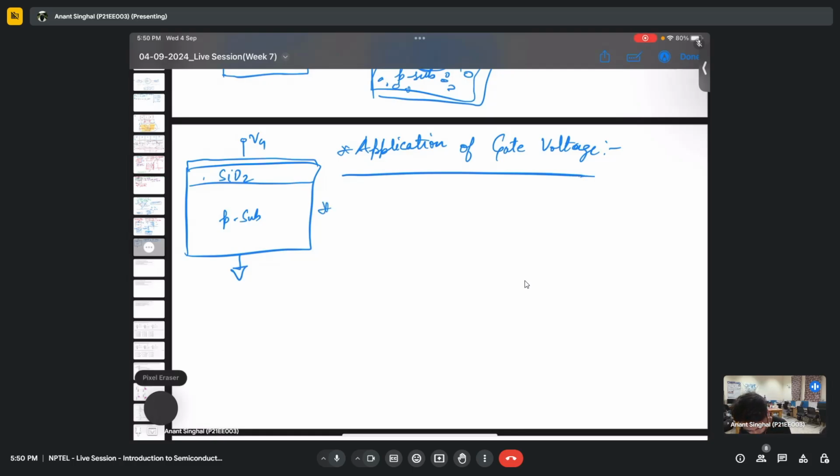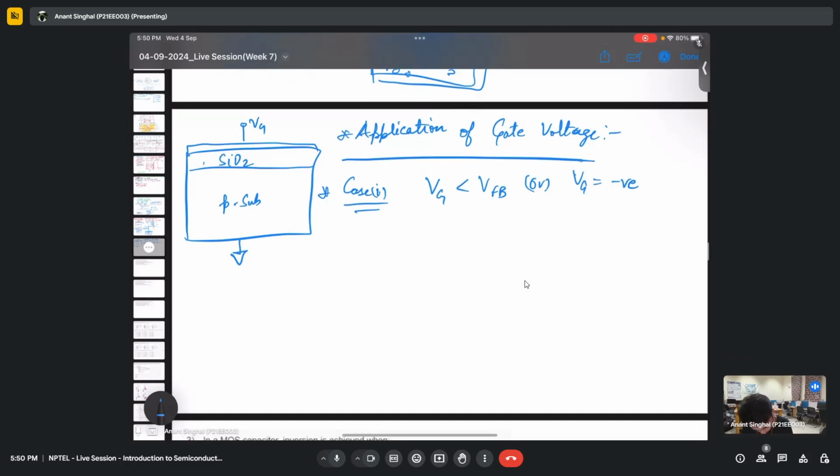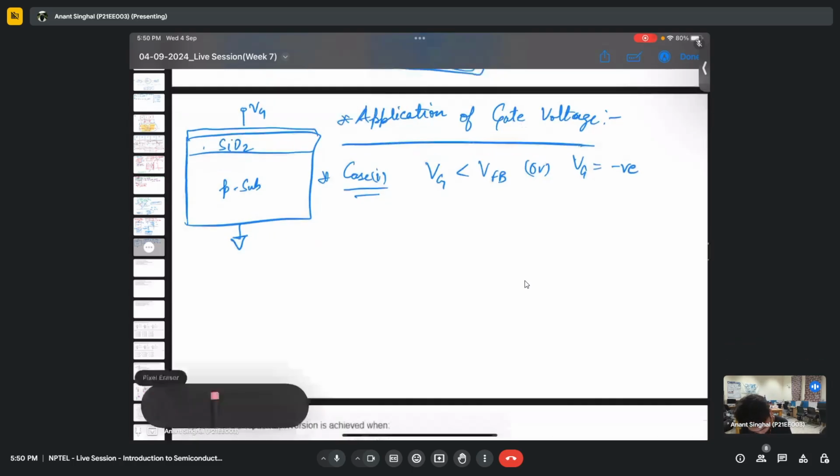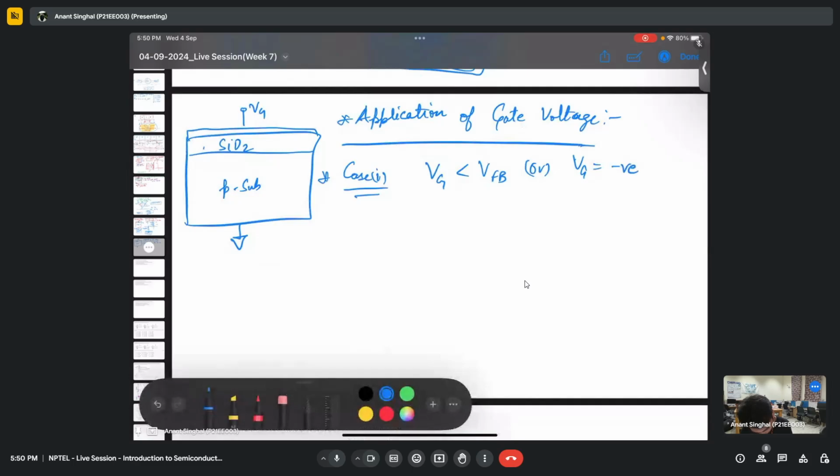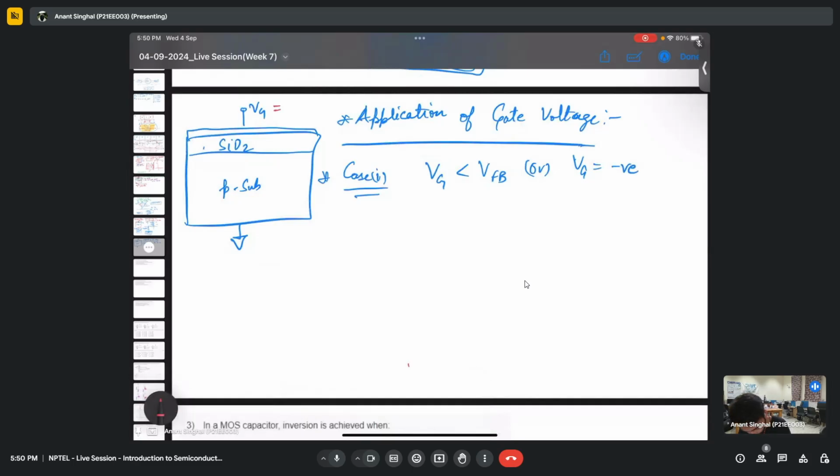The first case, case 1, is Vg less than VFB, or let's say we take Vg as negative. So I am applying a negative voltage at the gate.